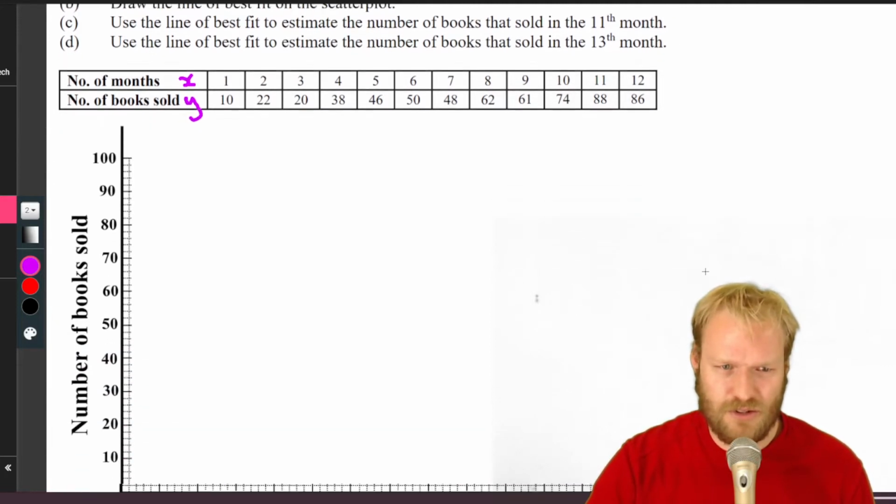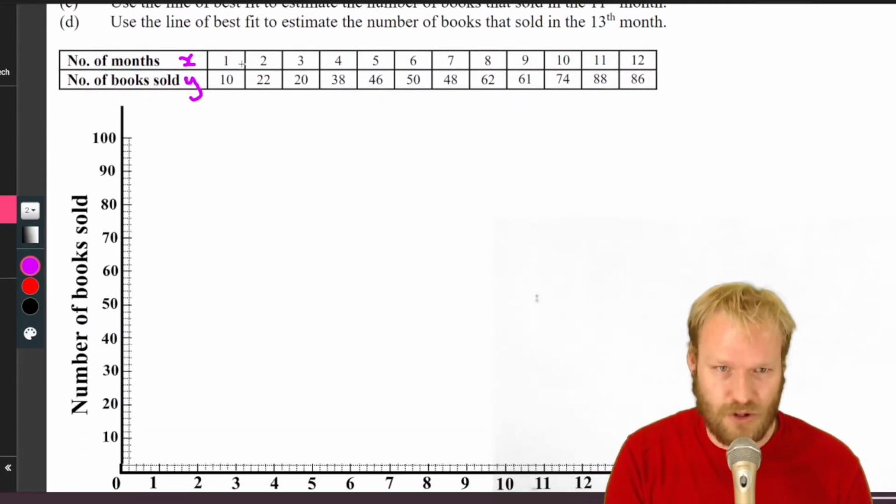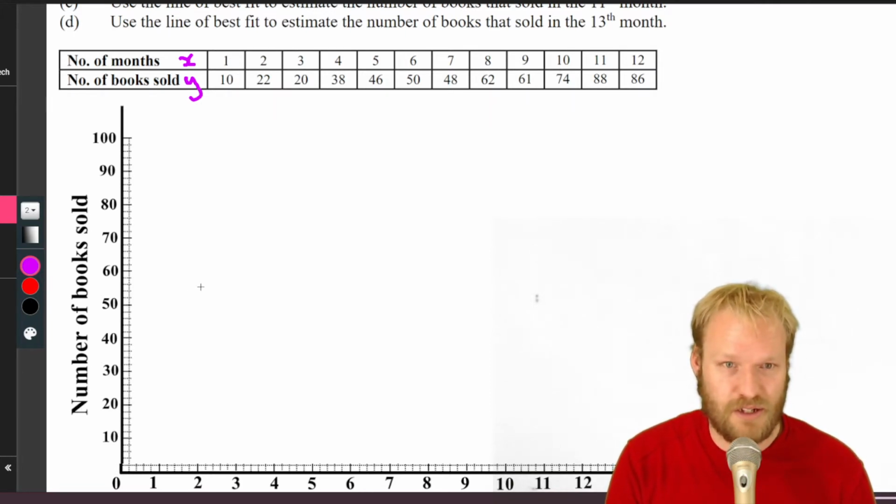Okay, so let's just start by plotting each of these points here. Number of months 1, number of books sold is 10. So at 1 we're going to put a dot there for 10. Fill that in for the rest, and you don't have to pause because I'll just do it here. 2 is 22.